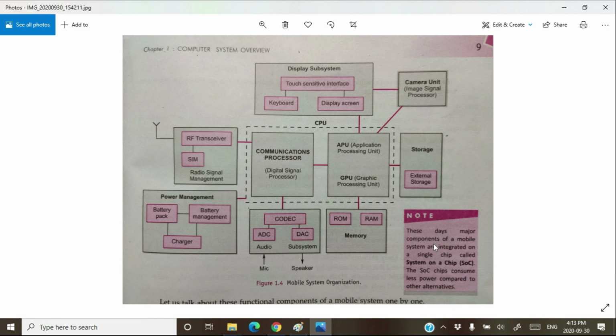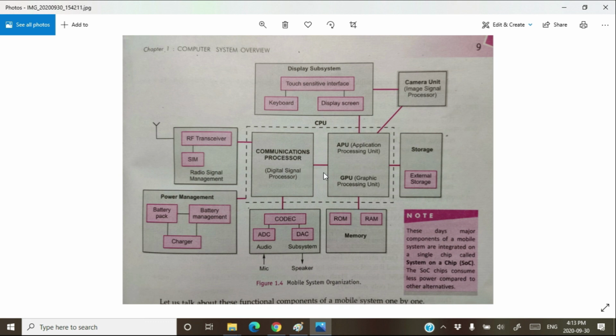These days, major components of a mobile system are integrated on a single chip called a system on a chip, or SoC. SoC chips consume less power compared to the alternatives, meaning that instead of implementing them in separate units on the motherboard of the mobile phone, you just integrate them on a single chip, and that consumes less power.